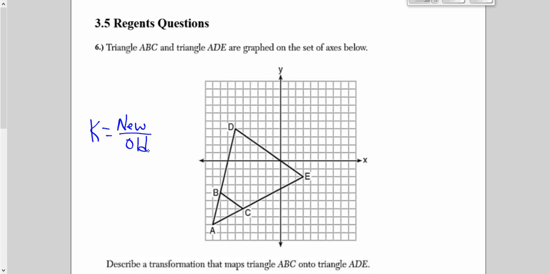So find K. If you just start at A, compare the run from C to the run all the way out to E. Does that make sense? Did you do that?